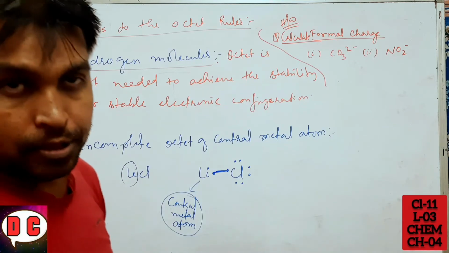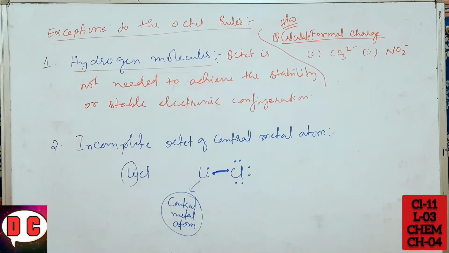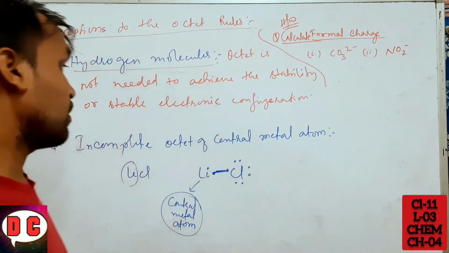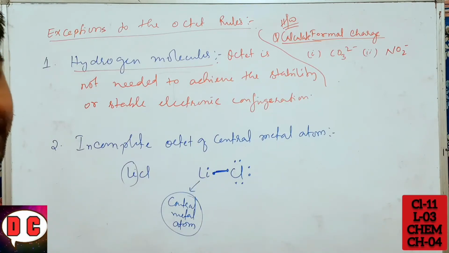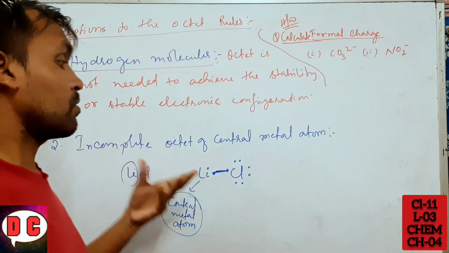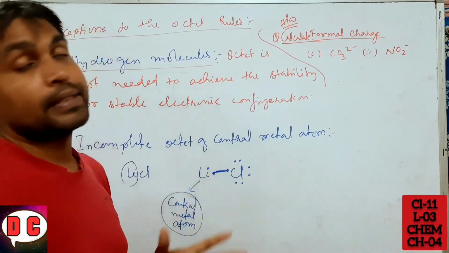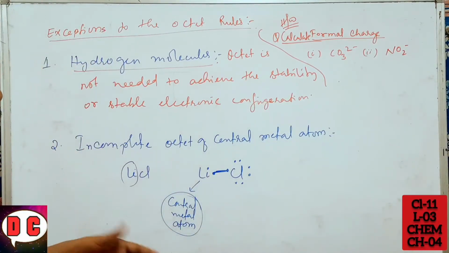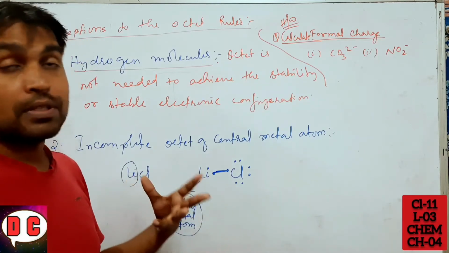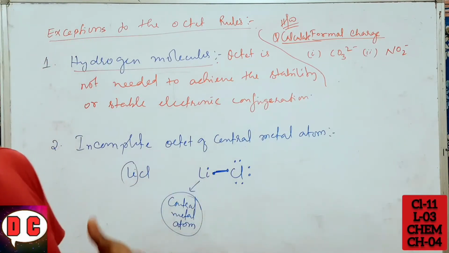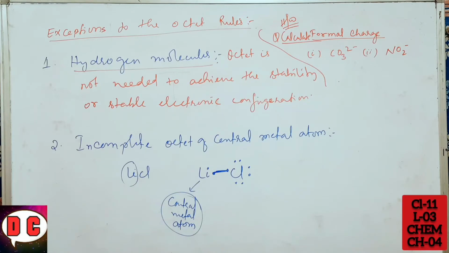The octet rule was not able to give solid reasons why the octet is not complete. It could not explain properly why some central metal atoms do not complete their octet. That was one major setback for the octet rule.